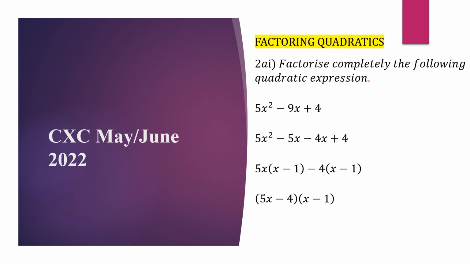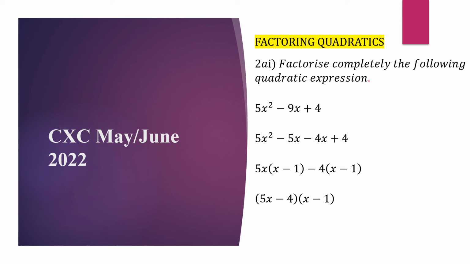CXC, May-June 2022. This question was last year. Factorize completely the following quadratic expression. This is factoring quadratics. The question is 5x squared minus 9x plus 4.